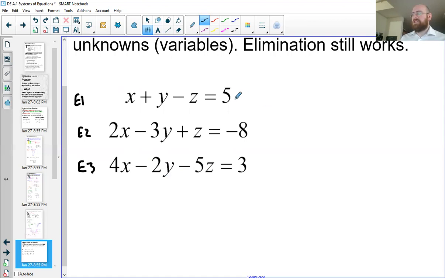But the first thing that jumps out to me is I've got this negative z and then a positive z here. So I can immediately just do equation 1 plus equation 2 to cancel out this z.